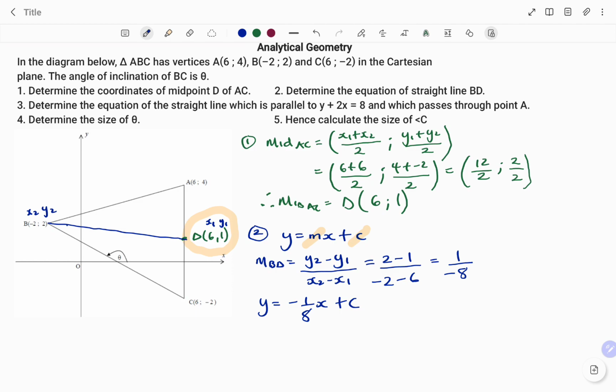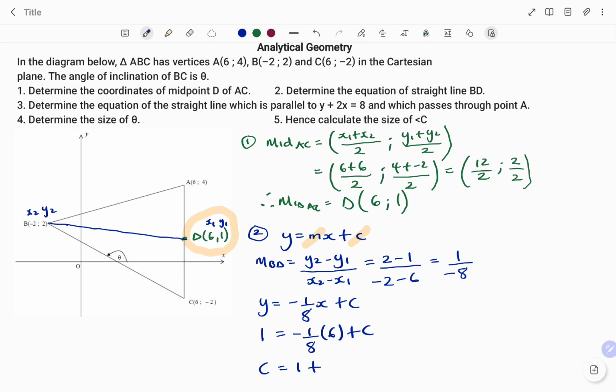So my y is 1 equals minus 1 over 8 times my x, 6, plus c. So, making c the subject of the formula, I have c equals 1 plus, I'm going to take my negative 6 over 8 to the other side.